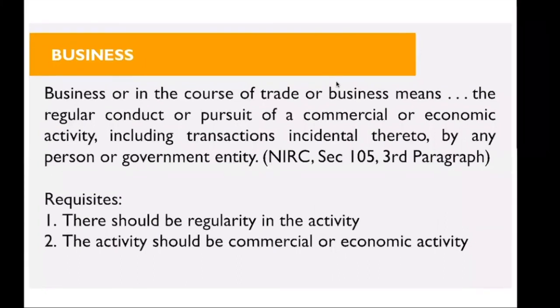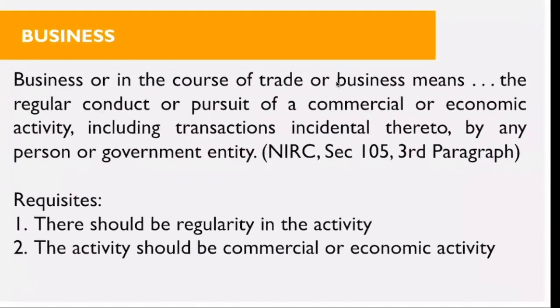So we talked too much already of your business tax and the types of your business tax, but we did not yet discuss what is a business. So we said a while back that your business must be done in the ordinary course of business. And what is the ordinary course of business? Business or in the course of business means the regular conduct or pursuit of a commercial or economic activity, including transactions incidental thereto by any person or government entity. So please do not end your definition at commercial or economic activity.